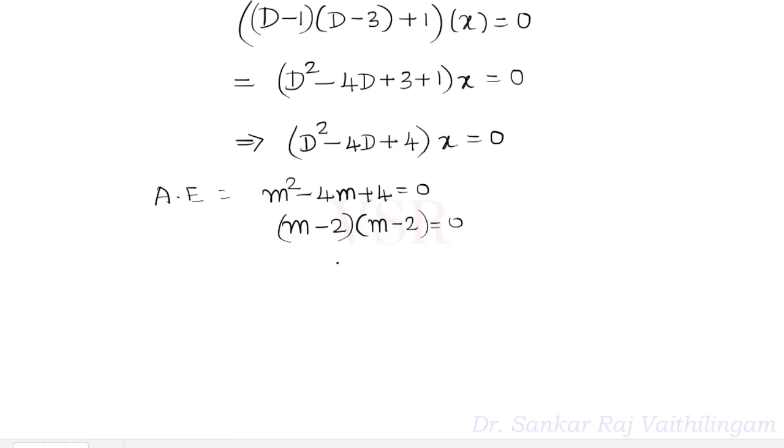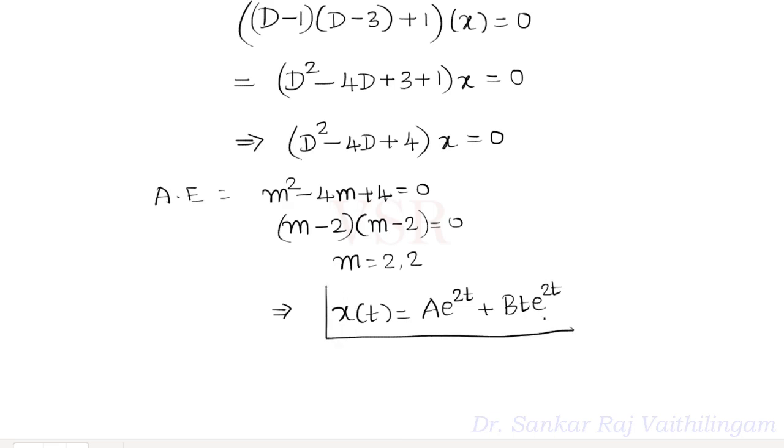So we have x of t equal to a e to the power 2t plus b t e to the power 2t. So this is my x value. Usually we say (a plus bt) into e to the power 2t, that is the same thing.